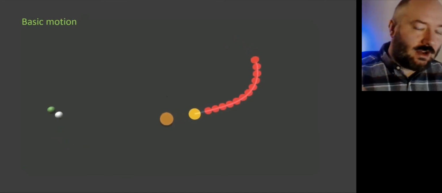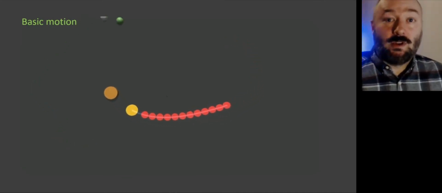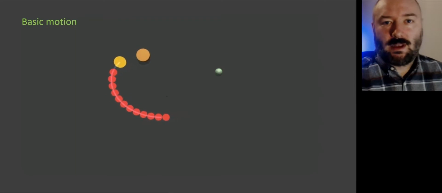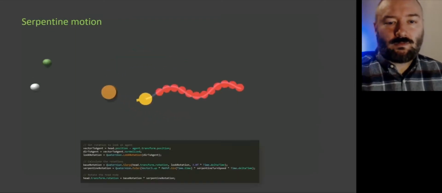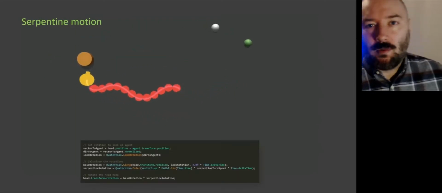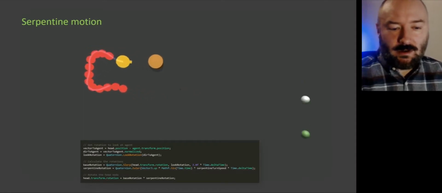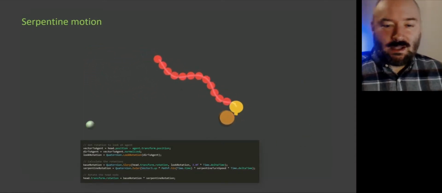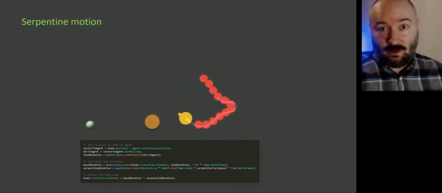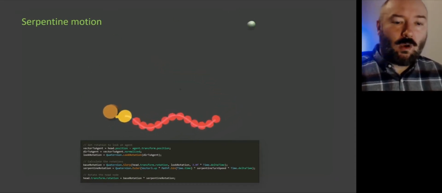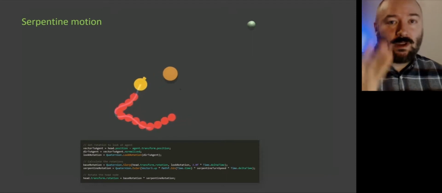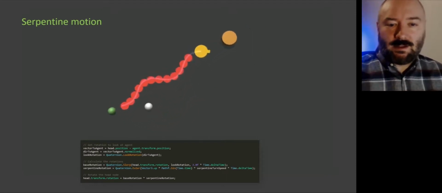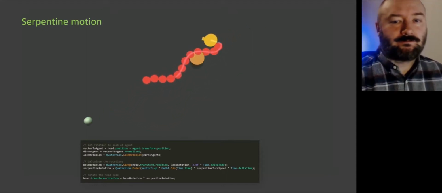These are generally built into the Unity engine, the game engine that's used for this work. I can then add some serpentine motion on top of this, and this is the code, if you're interested, at the bottom that makes this actually happen. It's basically a sinusoidal wave that's going through the backbone, quite similar to the way the sea lions were moving up and down, but applied to a serpentine motion.